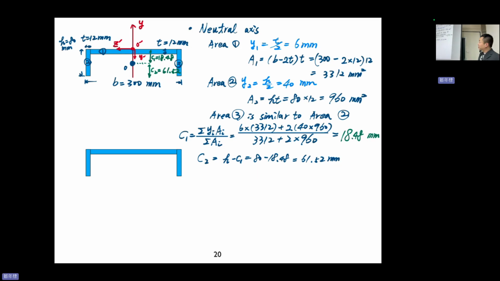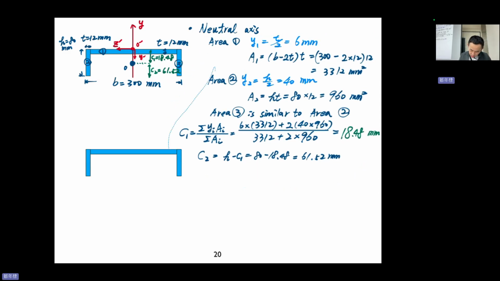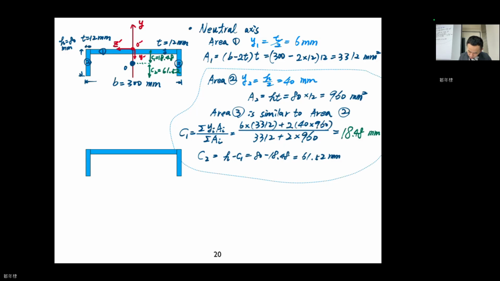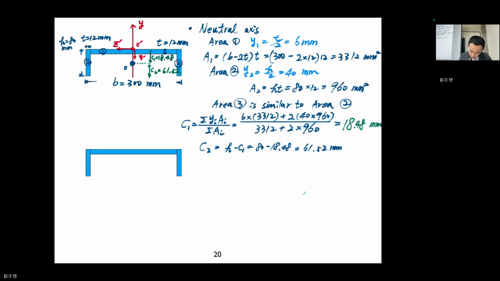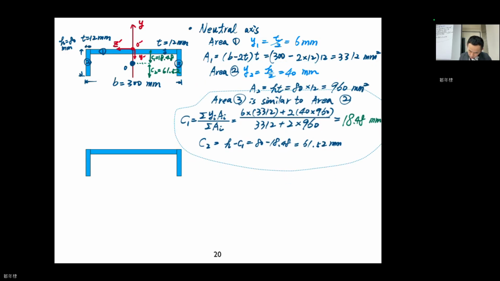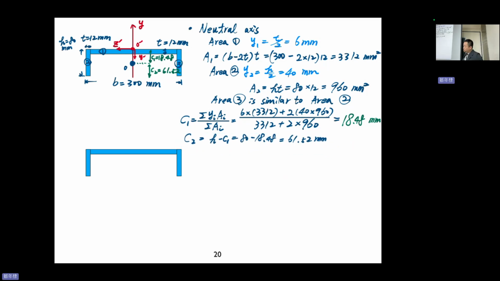Okay, that's it. We successfully determined the neutral axis. Let me save some space. All right. Okay, C1, C2, done.